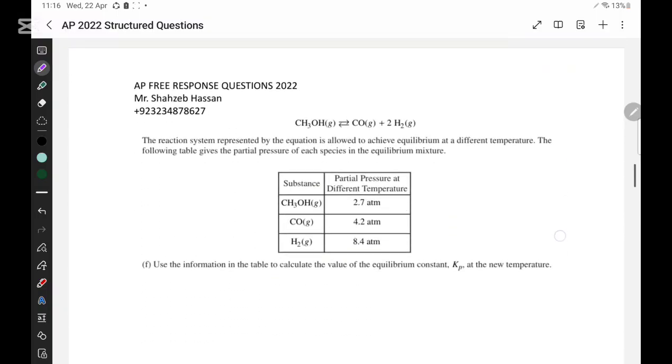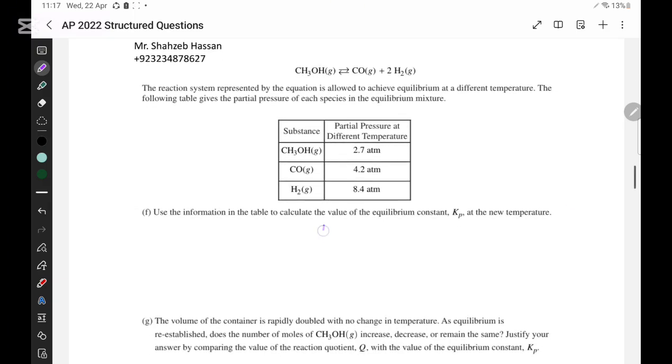For the next question, they are saying the reaction system represented by the equation is allowed to achieve equilibrium at different temperatures. The following table gives the partial pressure of each species in the equilibrium mixture. To find the value of Kp, you put the values in the formula: partial pressure of carbon monoxide times the partial pressure of H2 square over the partial pressure of CH3OH.